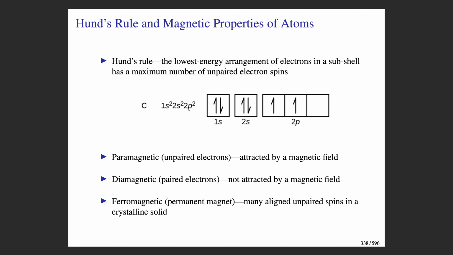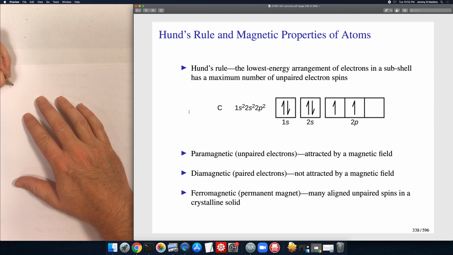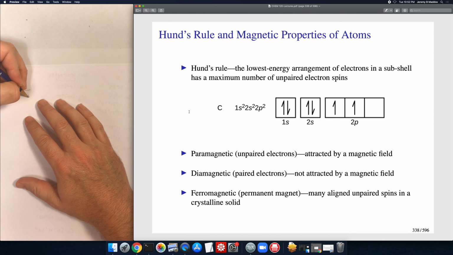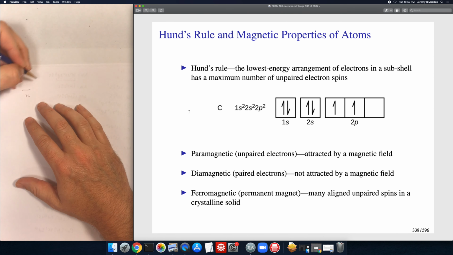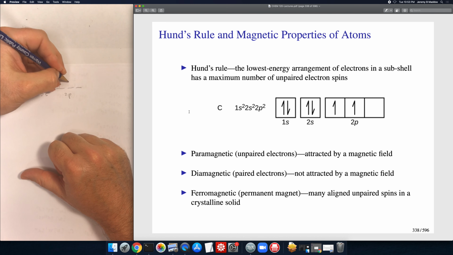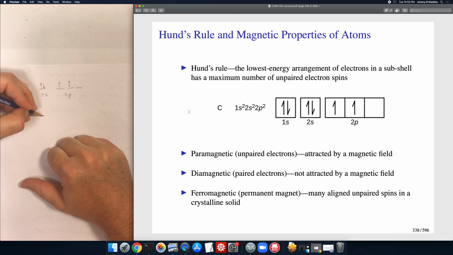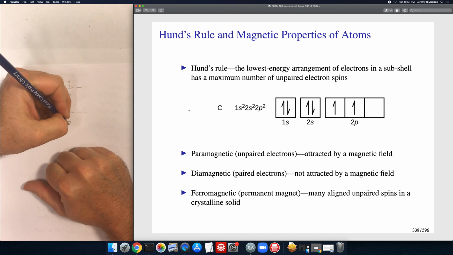Let me illustrate that there are different possibilities. So, for example, for carbon, 1s, 2s, and then we've got the 3 2p's. In the diagram that's shown, we fill up the 1s and the 2s, and then we have this configuration. Well, what about another possibility?